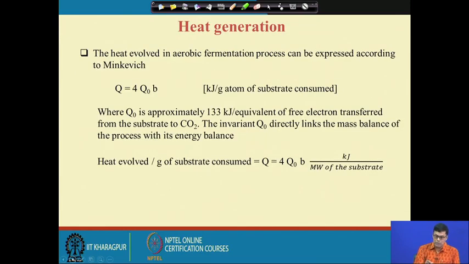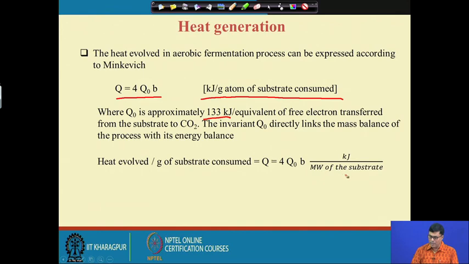Another thing I told you is that stoichiometry also determines how much heat is evolved in the biochemical process. Q equals 4 Q0 into B, and Q0 is equal to 133 kilojoule per equivalent of free electron transferred into B. So, this unit is kJ per gamma atom of substrate consumed.